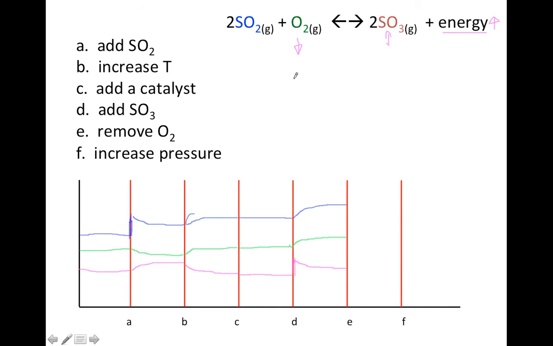Now we're removing O2. So instead of going up, the O2 is going down. So the O2 is going to first drop, and then it will come up a bit, but not as high as it originally was.